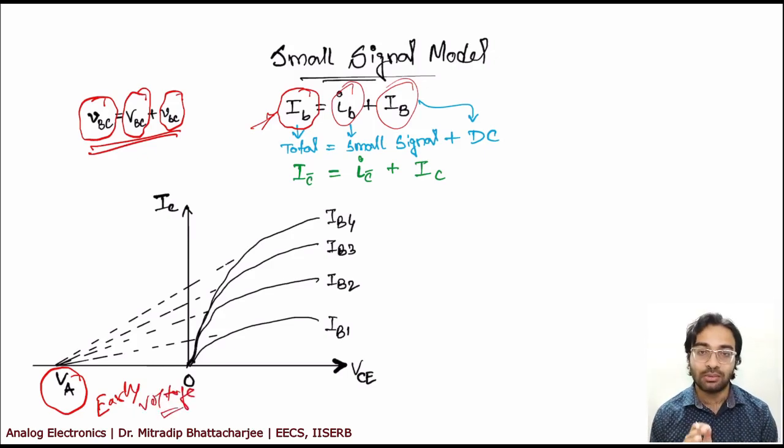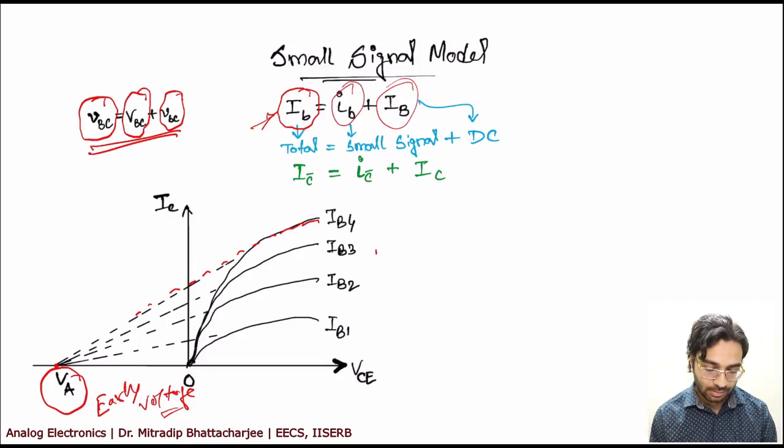I also have said what the early voltage is from the device perspective. Now in this particular plot, if you extend this saturation part towards the negative VCE axis, it will touch the VCE axis at the early voltage. Wherever it touches, that will be the early voltage of this particular device.